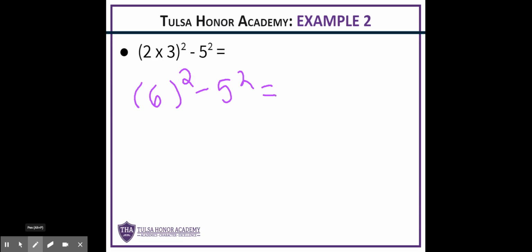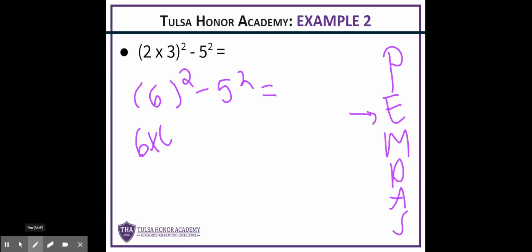And then our next step with PEMDAS, or please excuse my dear Aunt Sally, we already did parentheses, so next we're going to go to exponents. On our exponent, 6 squared is 6 times 6, which is 36. And then 5 squared is 5 times 5, which is 25.